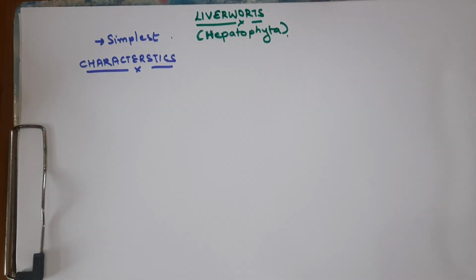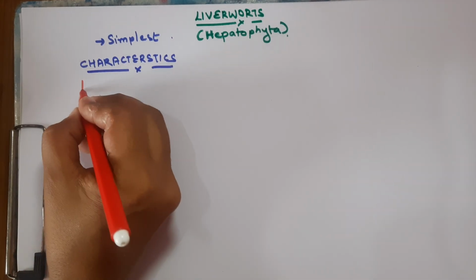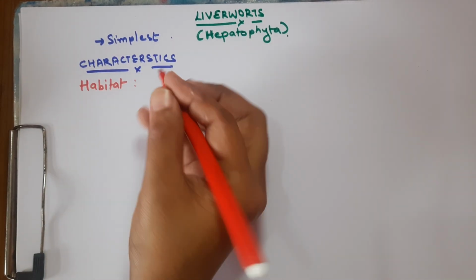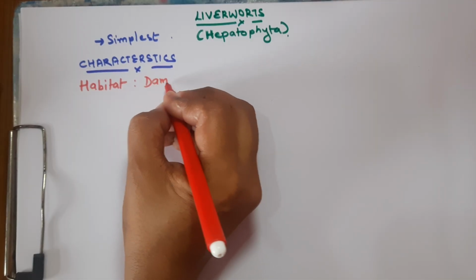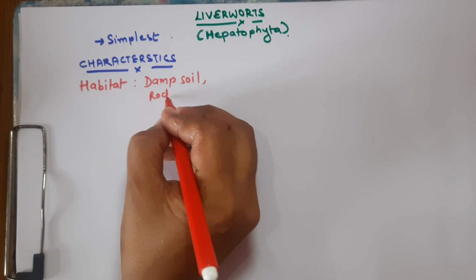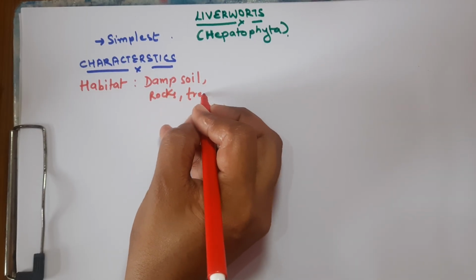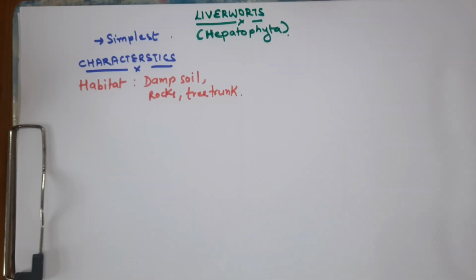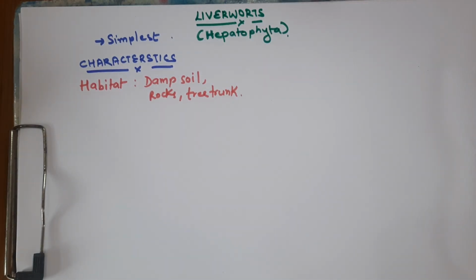If we talk about the habitat, then it is found in damp soil, rocks, tree trunks, and similar kinds of environments.